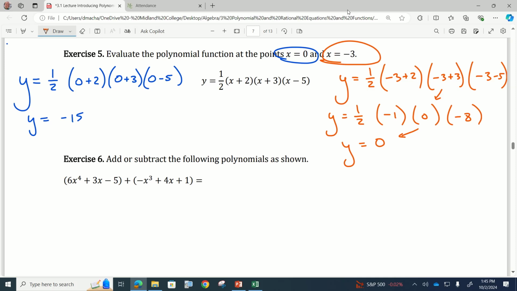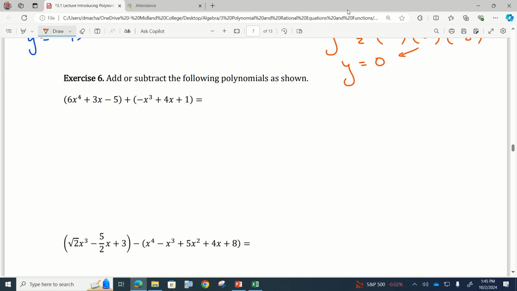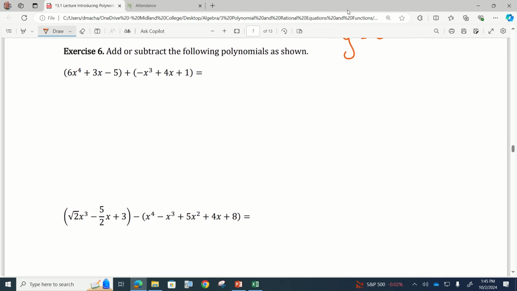Okay, if I ask you to add or subtract a polynomial, adding is remarkably easy. Like in this example, I've got this polynomial plus this polynomial. But all I'm trying to do is add, and addition has the associative property.